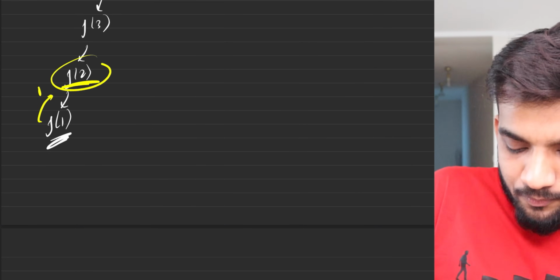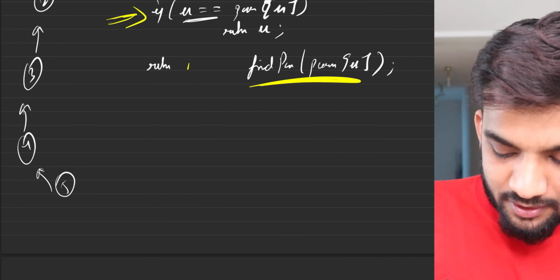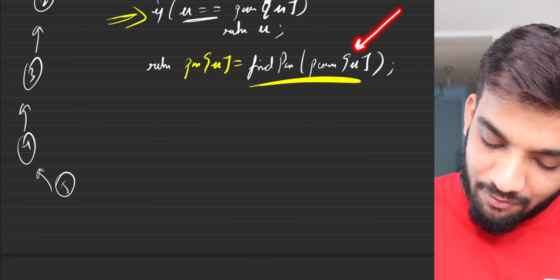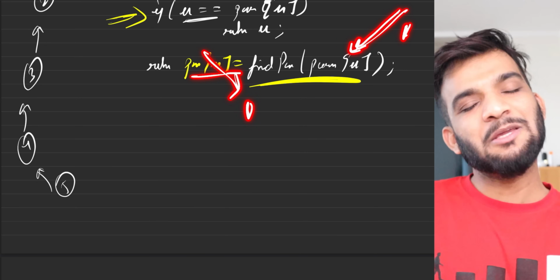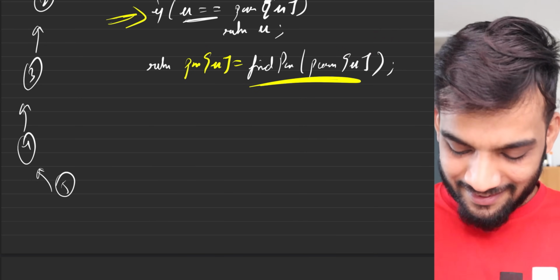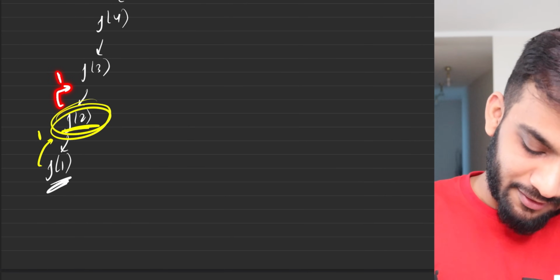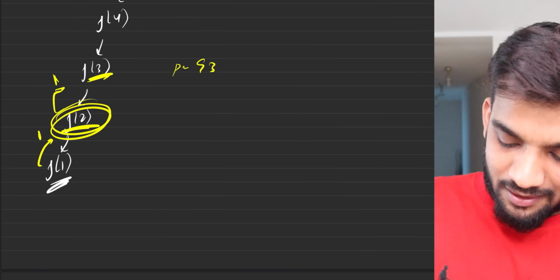So this 2, which you would have called here, you'll say parent of u will be 2. So when it returns up, it will return with 1. You'll say, hey, keep it 1. Next, you will again return 1. So now 3 will also keep 1. Parent of 3 is 1.